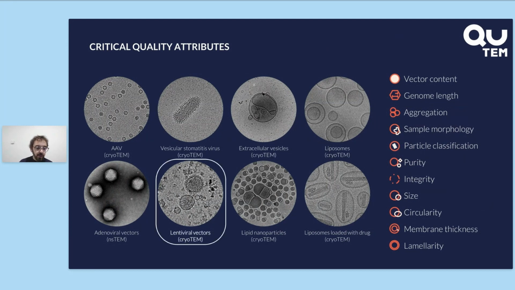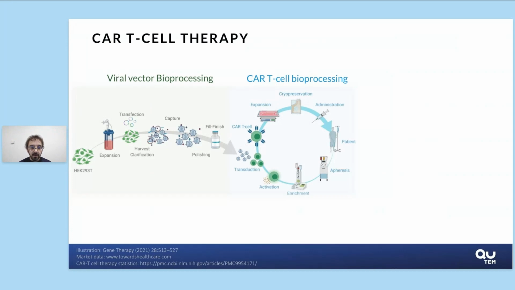The focus of today will be lentiviral vectors. And maybe one slide about lentiviral vectors. Nowadays, one of the main uses for lentiviruses is for CAR T-cell therapy. Most of you are already more familiar than me with this type of therapy, but in brief, the idea is to take some T-cells from a patient or from a donor and then transduce into them some gene that is then fed back into the patient.